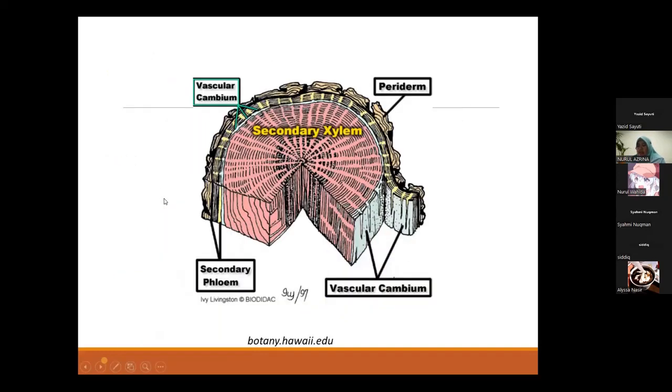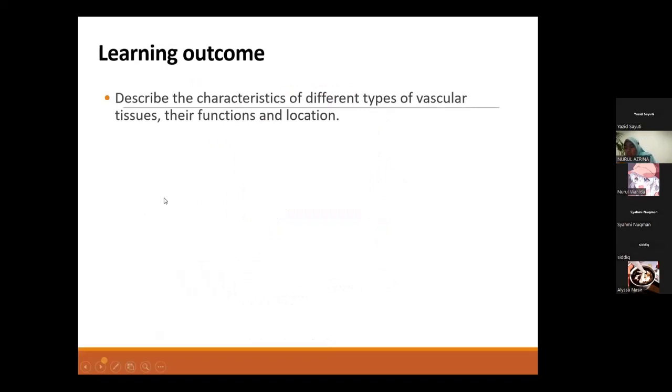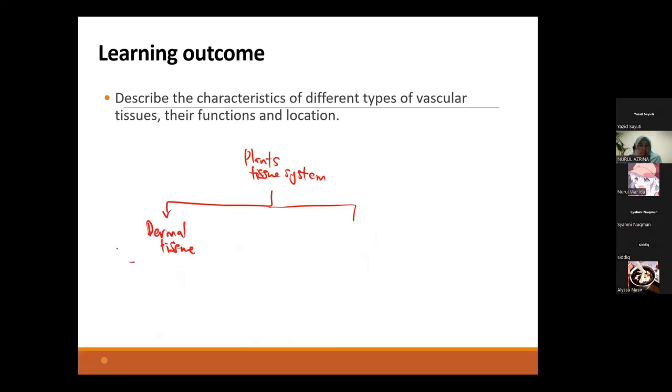Okay, so the same picture. Right. So now, for example, if I were to make simple notes for you. So plant tissue system, right, we have 3. Okay, the first one is dermal tissue. Right, so what are examples of the dermal tissue?